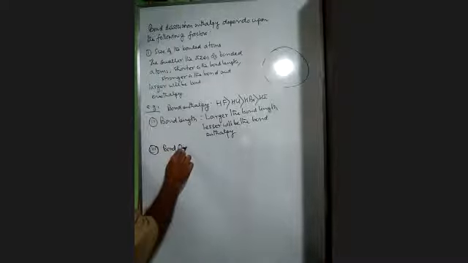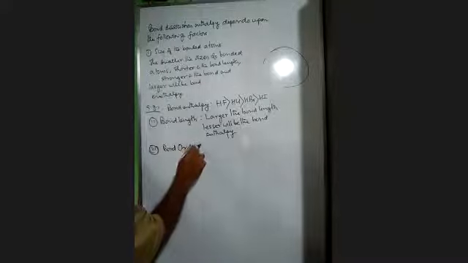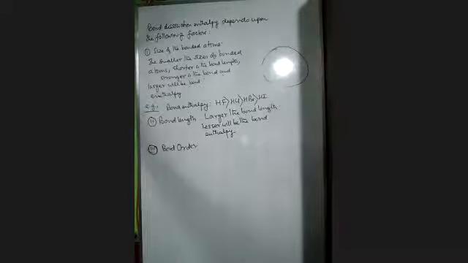Third, bond order. I'll discuss what bond order is. Bond order is nothing but the number of bonds that you have between the atoms. See, in case of hydrogen, you have only one bond between two hydrogen atoms. So what is the bond order? 1.